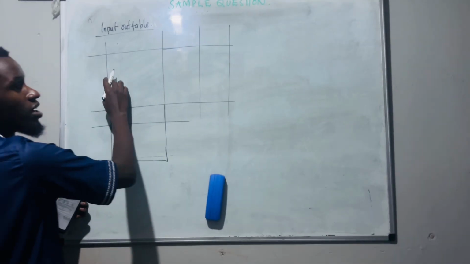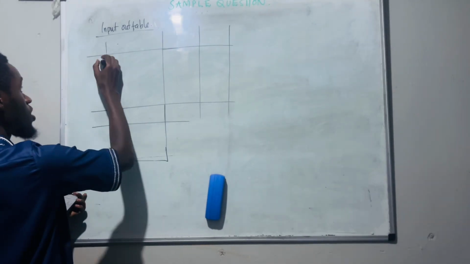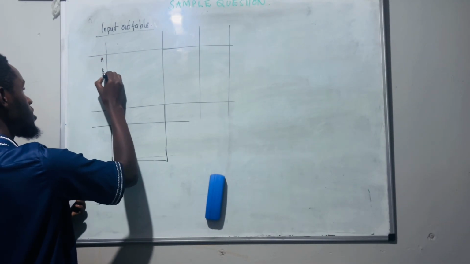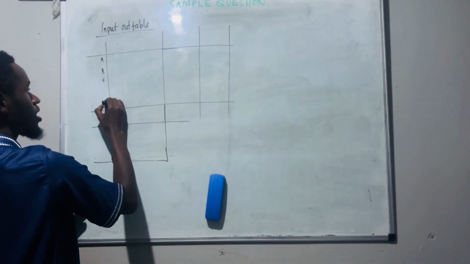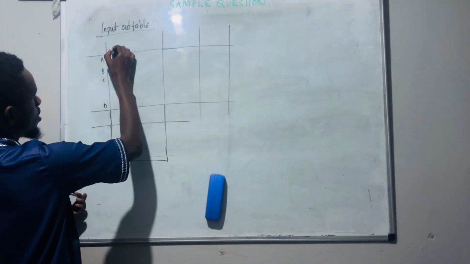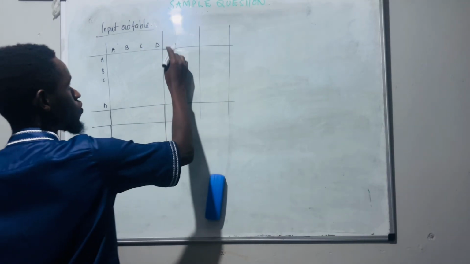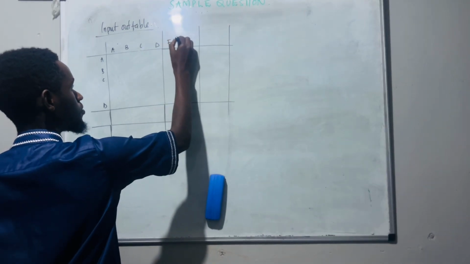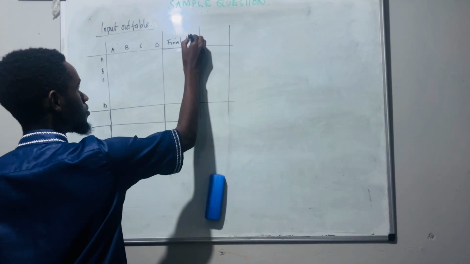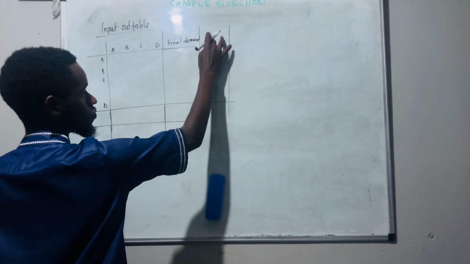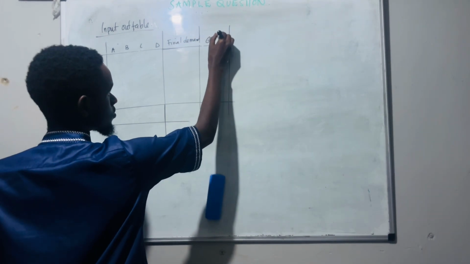Here we have industries A, B, C up to D, as an example. Then you have A, B, C, and then D. Then here you have a section for final demand, and then here a section for gross output.